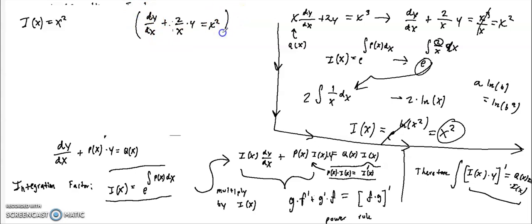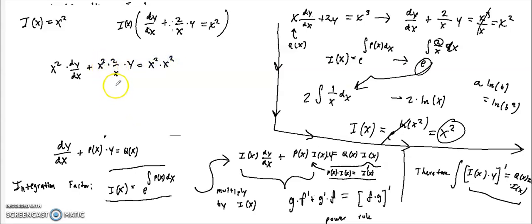And now we want to multiply this whole equation by I of x. So we get x squared times dy dx plus x squared times 2 over x times y equals x squared times x squared.